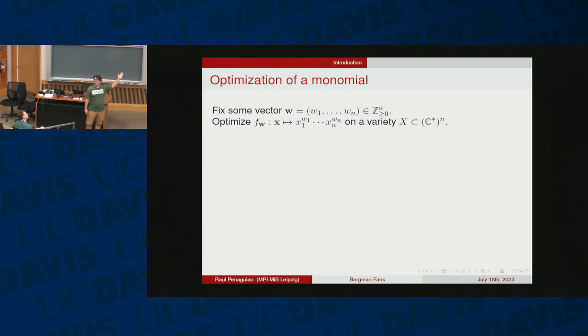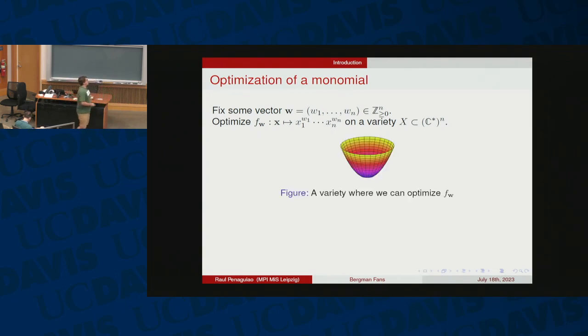And this gives us a monomial function. And something people in applied mathematics tend to like to do is, given a model, an algebraic variety X, we want to optimize this monomial function on this variety. So this seems to be a tricky problem. Of course, we can find critical points.